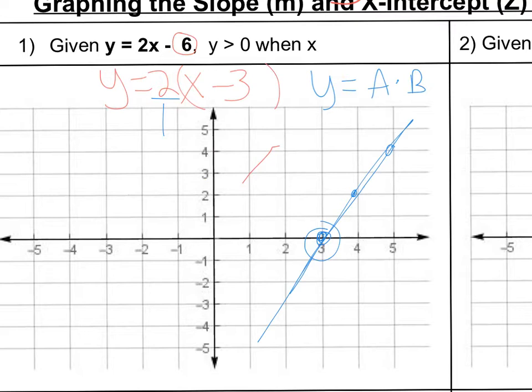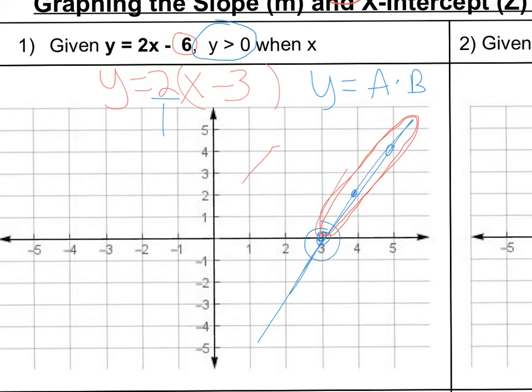Then the other part of this question is, what does x equal when y is greater than 0? Well, when is y greater than 0? Or when is y above the x-axis? That's what that's asking. So I'm going to highlight the part of the line where it's above the x-axis. Right there, it's that part of the line.